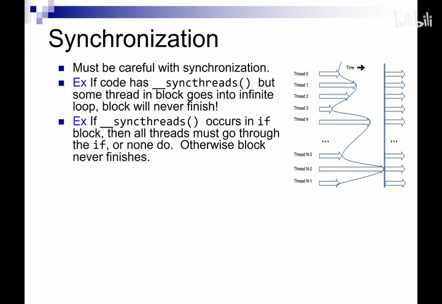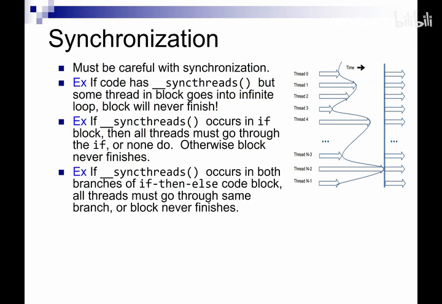So you'll never have all the threads reaching the barrier, and therefore all the threads will be blocked. So you have to make sure that the syncthreads occurs in both branches, and that all the threads will go through the same branch.